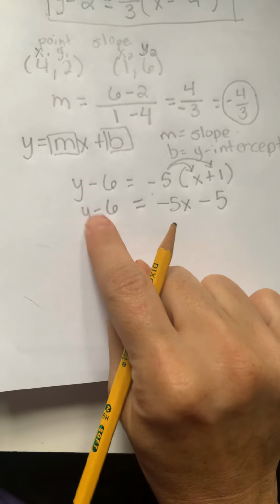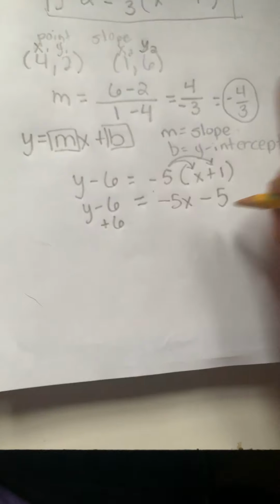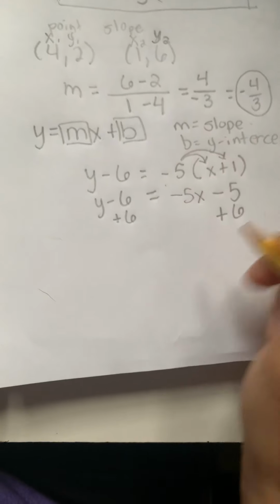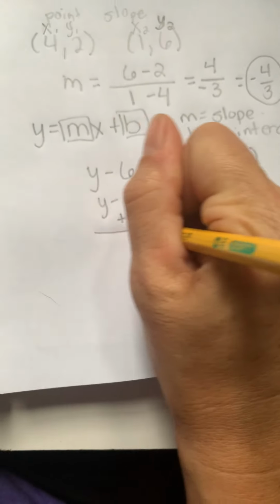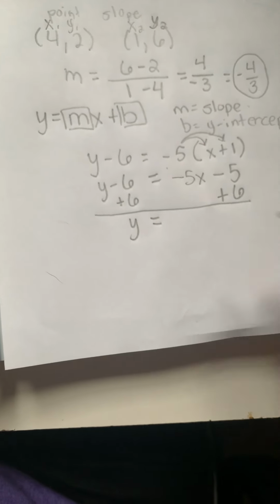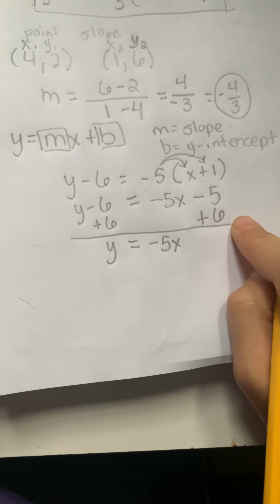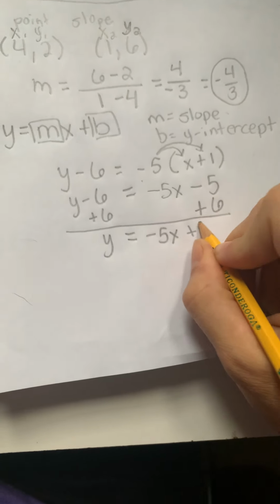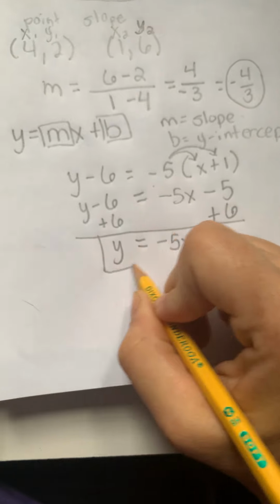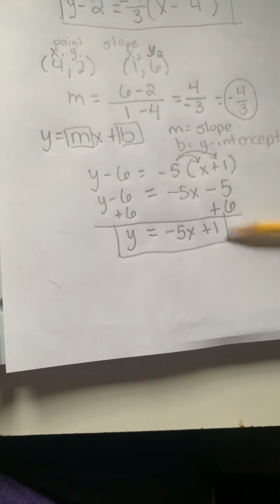And now I want to get the y by itself, so I'm going to add the 6 over to here. And my final equation is y equals negative 5x plus 1. And that looks like slope-intercept form, so that should be good.